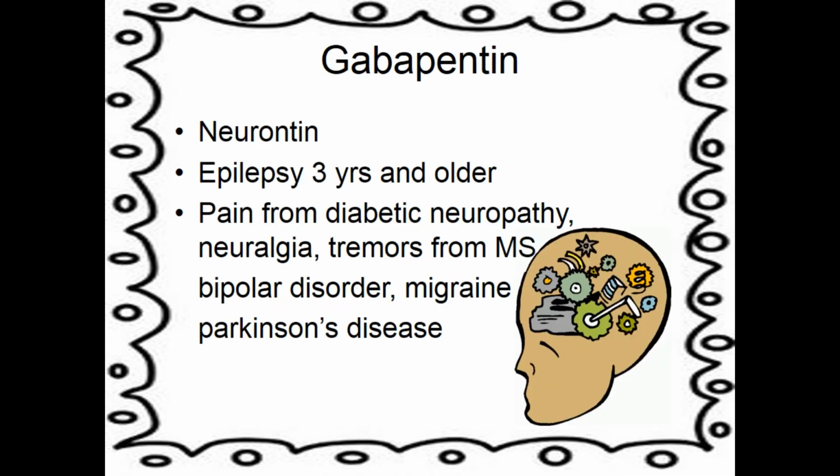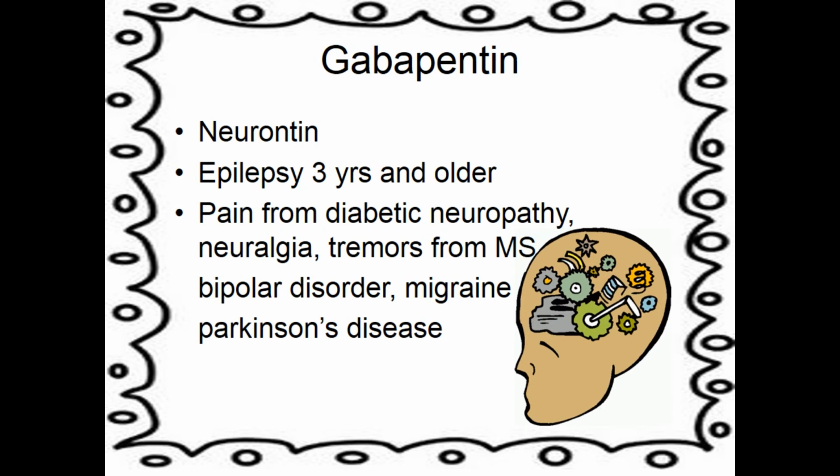Here we go with Gabapentin. The other name for it is Neurontin. It's to be given for treatment of epilepsy for people 3 years and older. It can also be given for diabetic neuropathy pain, neuralgia pain, or tremors from multiple sclerosis. It can be given for bipolar disorder, or migraines, or even Parkinson's disease.